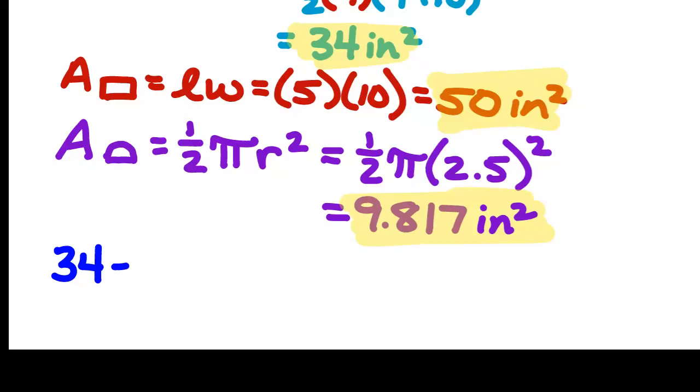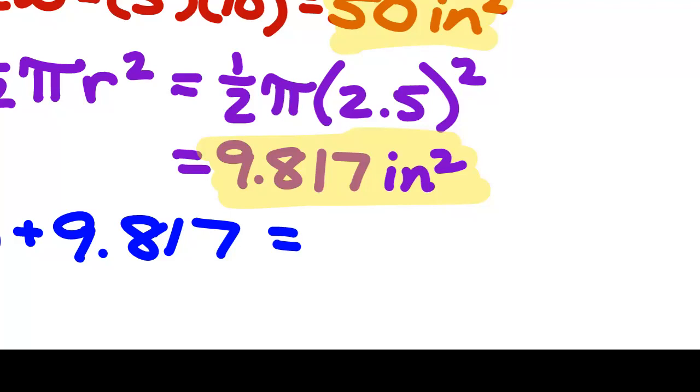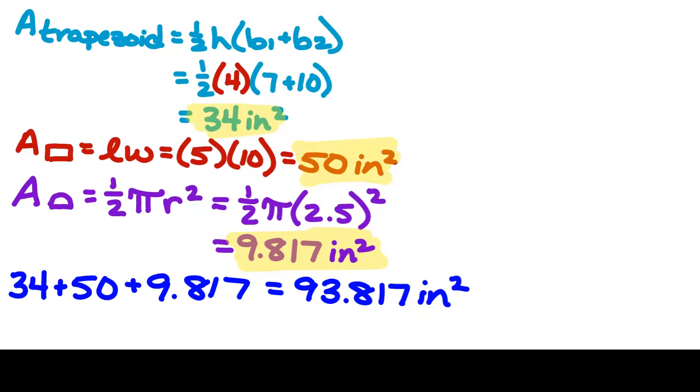So 34 plus 50 plus 9.817 would be equal to what? 93.817 inches squared. Here's our composite area.